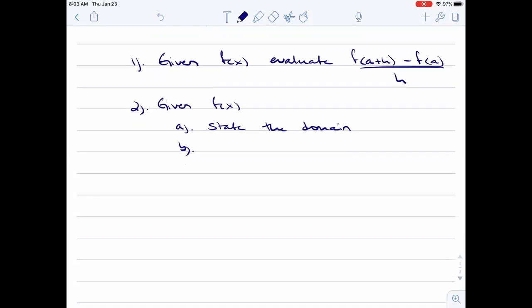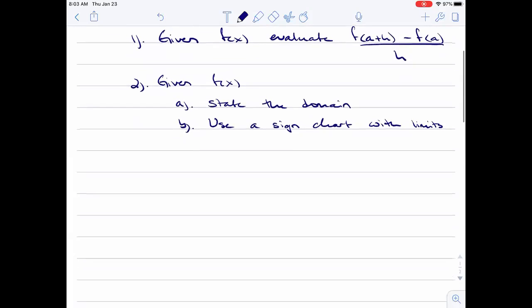So use a sign chart with limits to show there is a vertical asymptote. And we did one just like that last day.